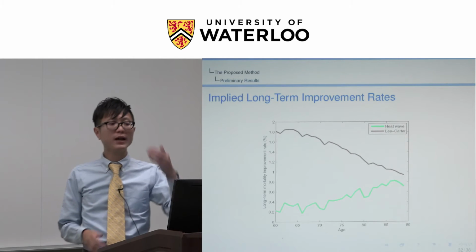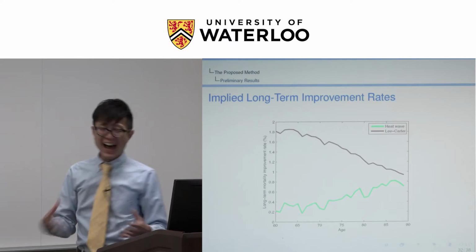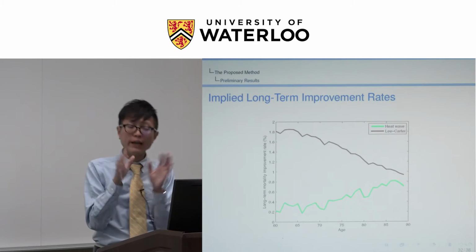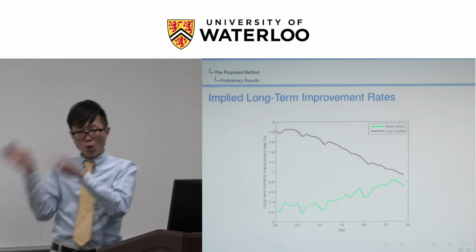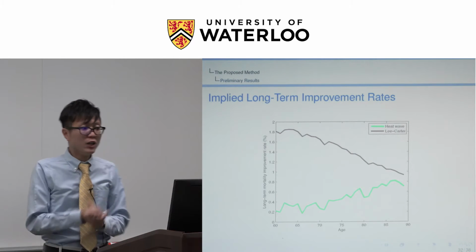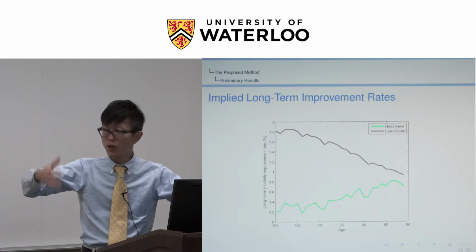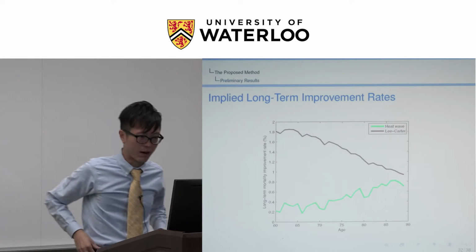So finally, I wanted to give a remark on the long-term, i.e. the ultimate improvement rates implied by the heat wave model and the original Lee-Carter model. Now remember, in the original Lee-Carter model, we do not distinguish between short and long-term rates. So in effect, the long-term mortality improvement rates are still quite high, as indicated in the red line in this diagram.